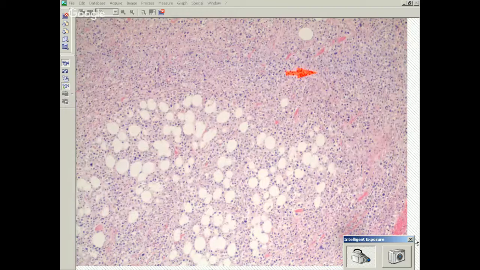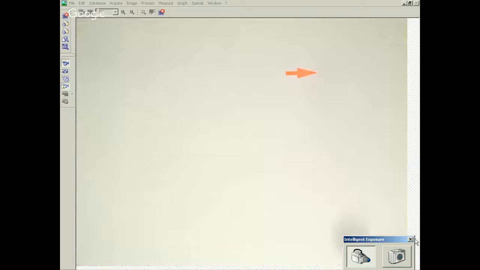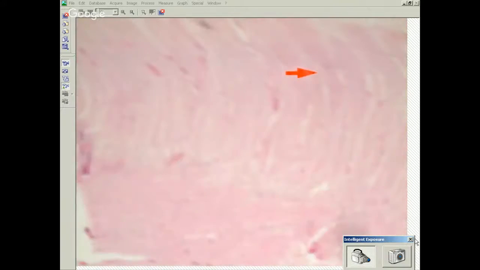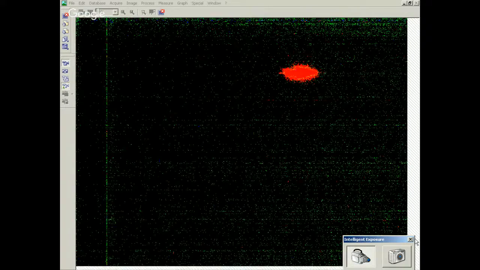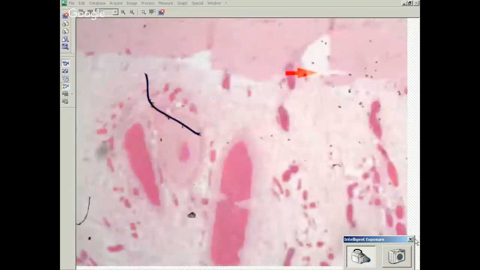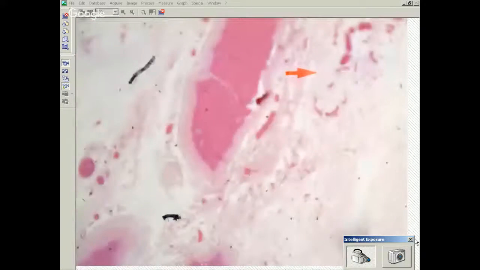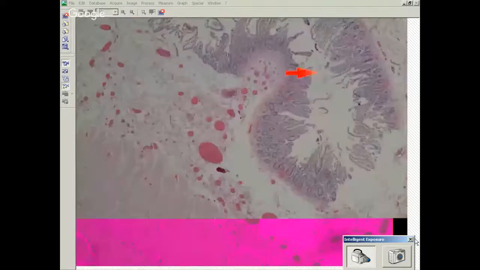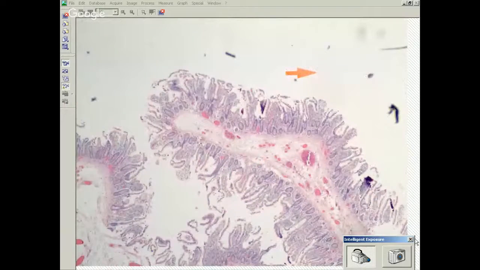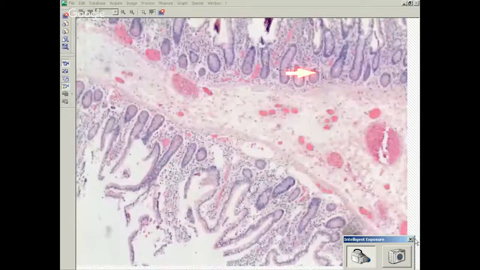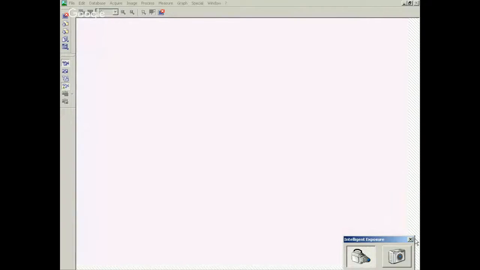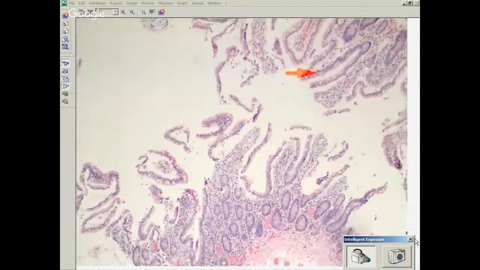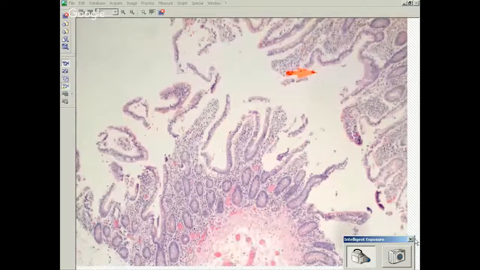And I'll show you an area next to it, which I probably should have included because it's the hint. This is the hint. Okay, so this is an area right next to it. Does this look normal to you guys?